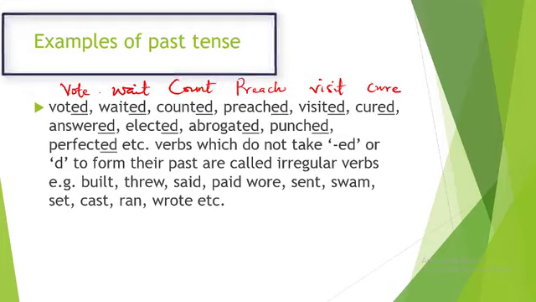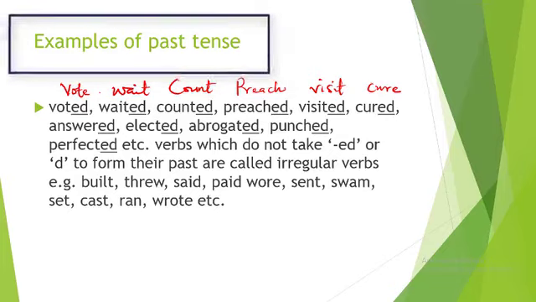Verbs that do not take D or ED are referred to as irregular verbs. So irregular verbs are verbs that do not take the D or ED forms of their past tense. For instance, build becomes built, not builded, built.